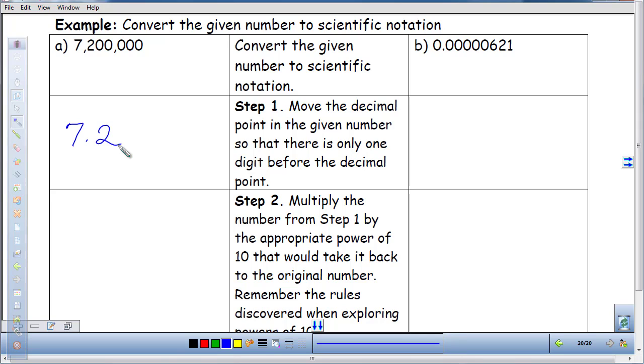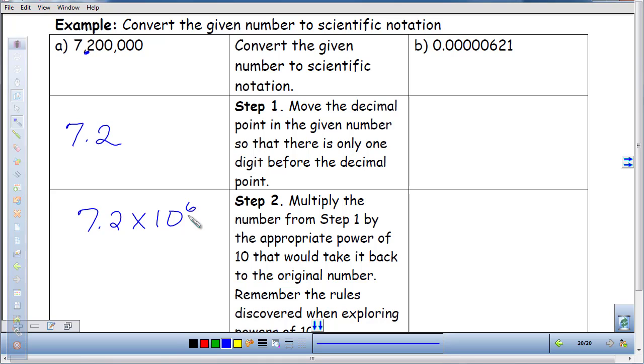Okay, so we've got 7.2 here, but I need to get to this number. If my decimal is right here, how many places do I need to move? 6. We're going 6 to the right, so it's going to be times 10 to the positive 6.